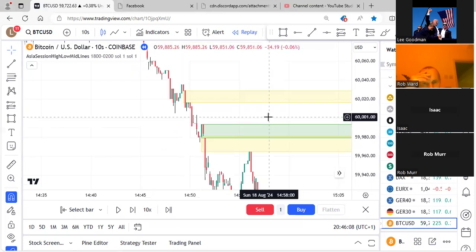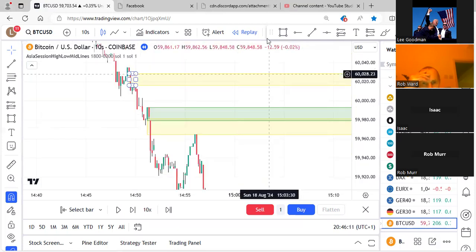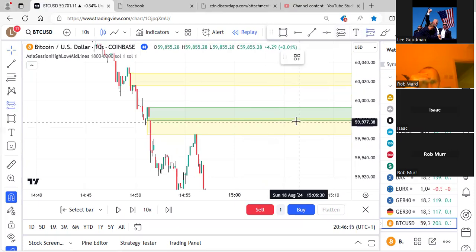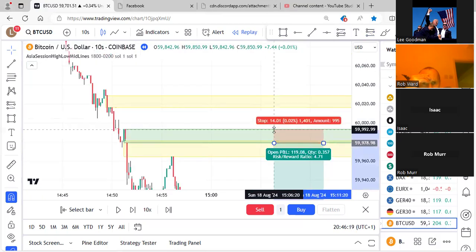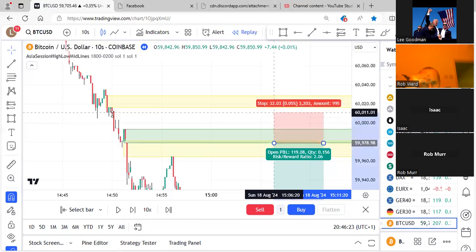So if I was to pick a zone, it'd be from here. If it's the right one, it'd have no business going above this green line, but do it plus spreads. You'd maybe include this here to be safe.